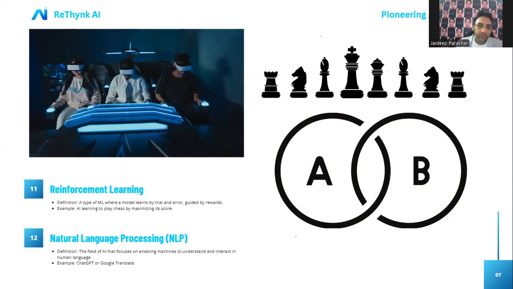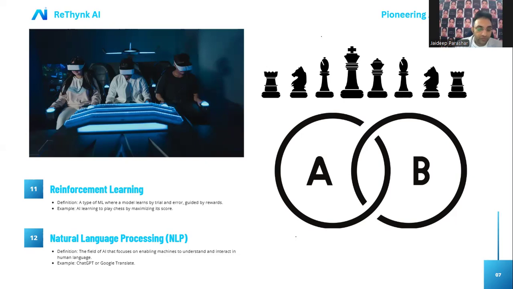So that we can make our AI or our model better with every step. If you are not improving your model or your robots, they are not going to grow. Technology is not going to grow. So just to make sure your model can become better, we use reinforcement learning.